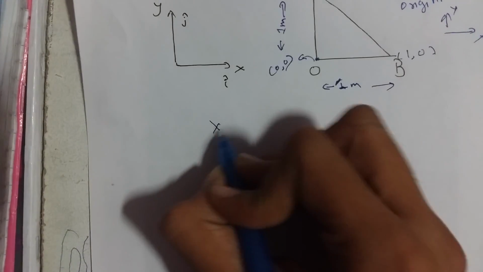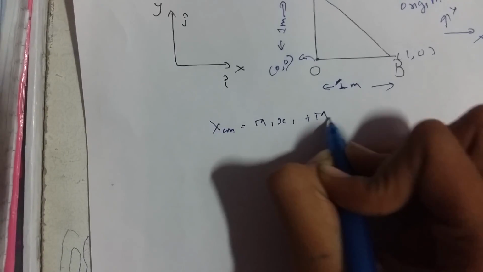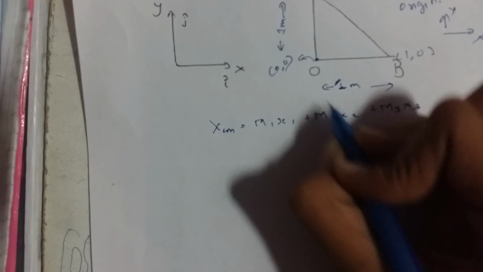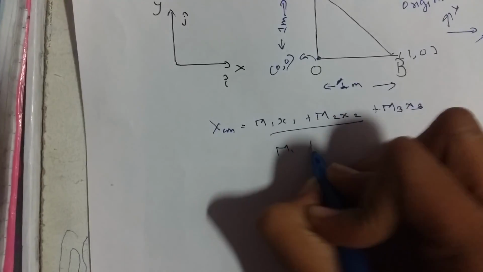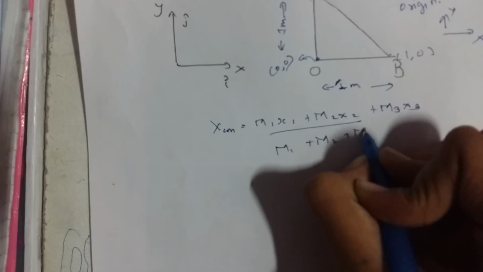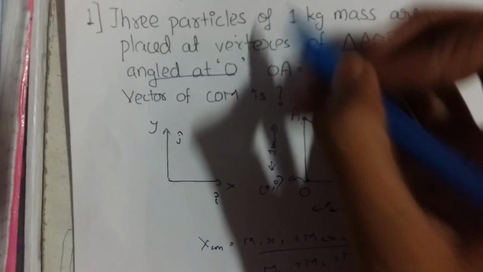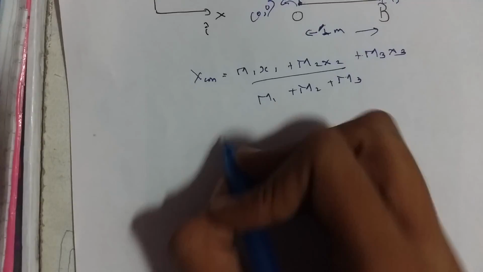Now as I told you, xcm is nothing but m1x1 plus m2x2 plus m3x3, as there are three masses placed on the vertices, upon m1 plus m2 plus m3. Now we are given identical masses because they are of 1 kg, so just put it in there.